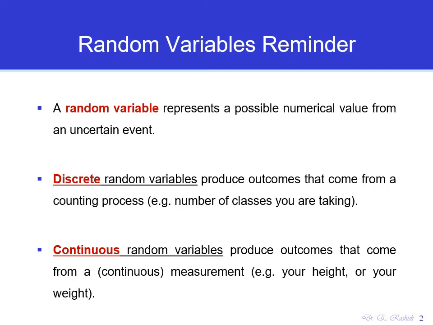These still vary from student to student, but the outcomes are measures, and they are not necessarily whole numbers. For example, the weight of a student could be 125.68, so it can have decimals. It doesn't have to be a discrete value.